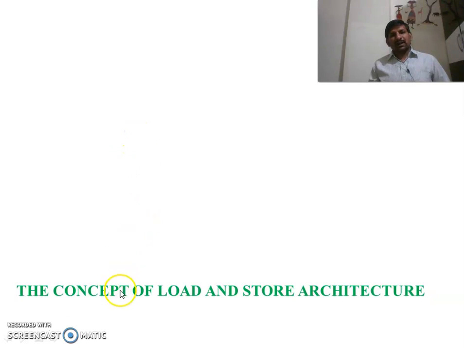Next, the concept of load and store architecture. These are memory operations. Loading means the processor loads the data from a memory location into the processor registers. Store means storing the data from the registers.